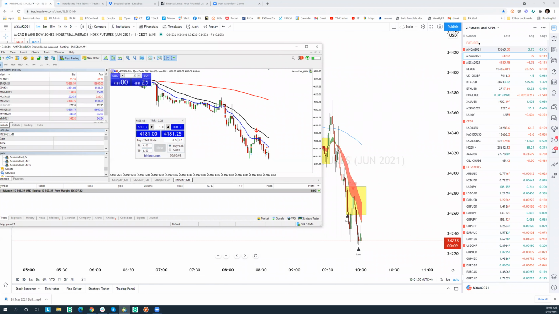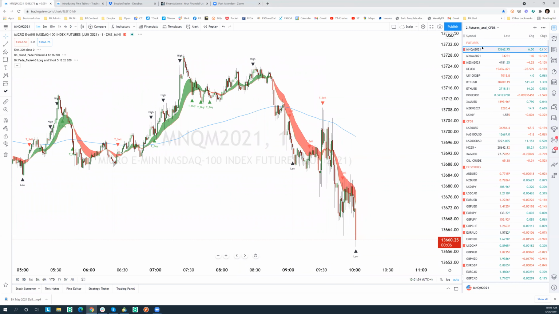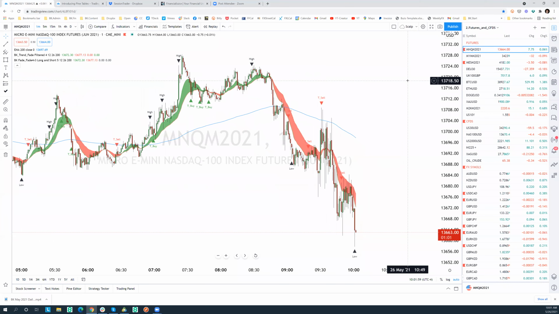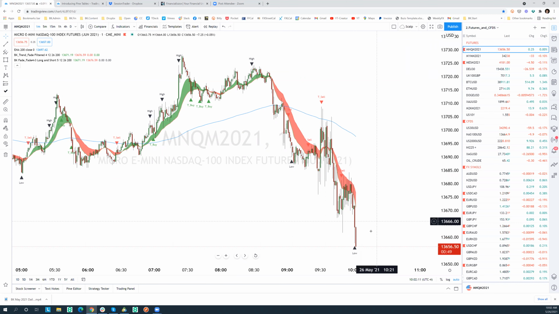But so far, oh, look at that. NAS is finally starting to print the low. And by the way, one thing I definitely don't want to do is try to buy a falling knife. NAS is the one index that will roll you over, right? NAS is the one index you don't want to try to bottom take, because 20 points in a NAS is like one candle.